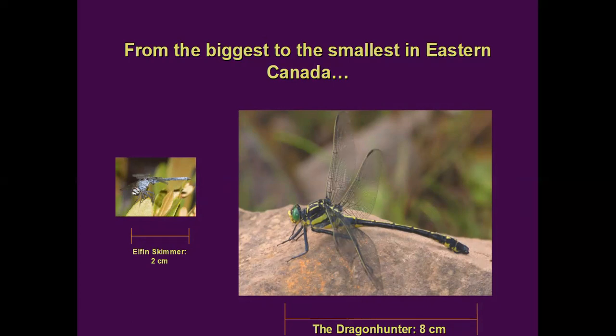But it also eats just about anything it can catch. I did see one on, what's that? There's a road on the northwest Miramichi. I'm trying to remember the name of it. It'll come up later. But anyway, it had caught a monarch and it was eating a monarch butterfly. And the monarch looked a little smaller than the dragon hunter.